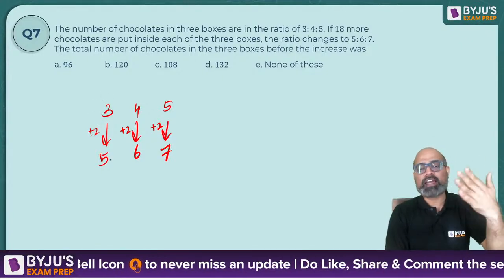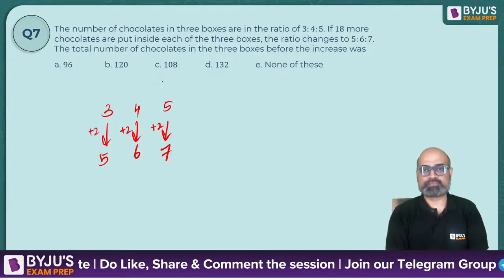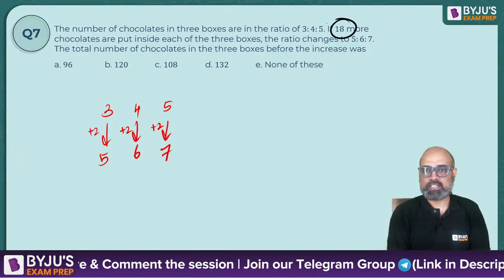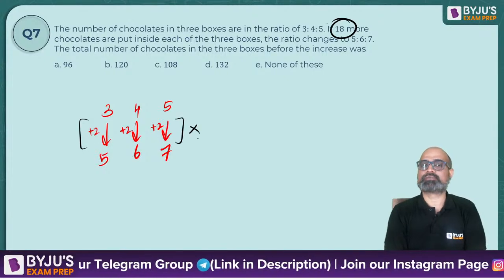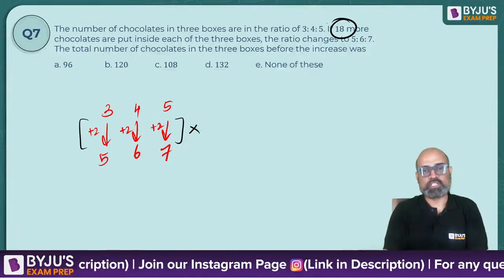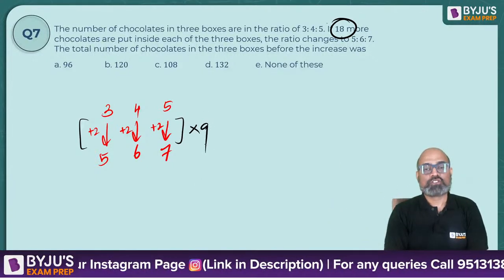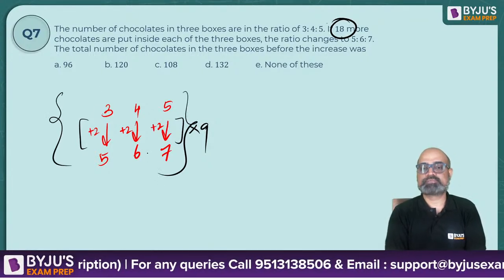And eventually, when they become 5, 6, 7 respectively, मतलब 2 ऐड करा था. पर अपने 2 नहीं ऐड करा था. कितना ऐड करा था हमने? 18. So by what shall I multiply this with? 2 को किससे मल्टीप्लाई करे कि हर 2 18 हो जाए? 9 से. So this becomes the multiplier, मतलब पूरे को कर दो 9 से आप.